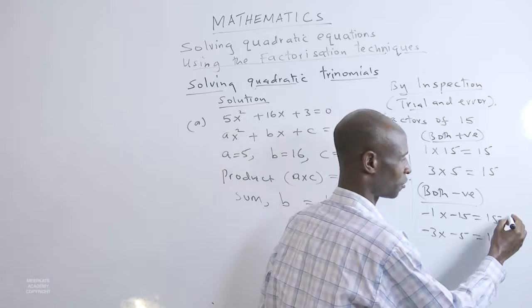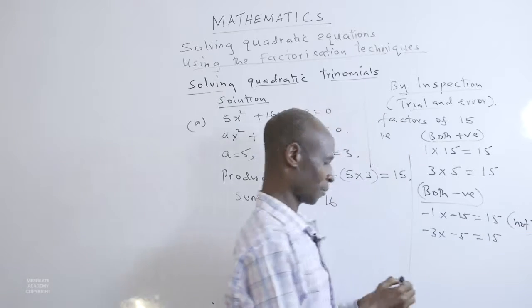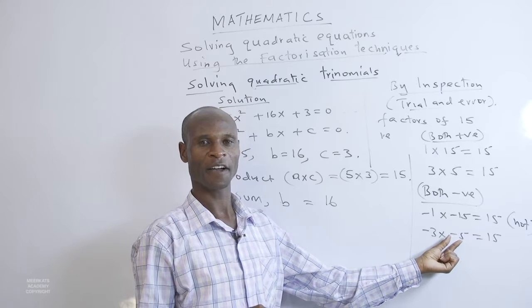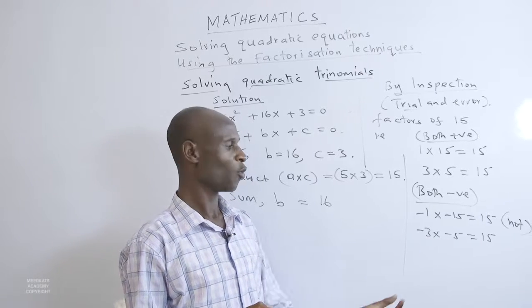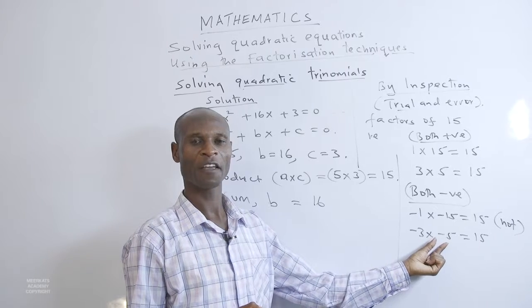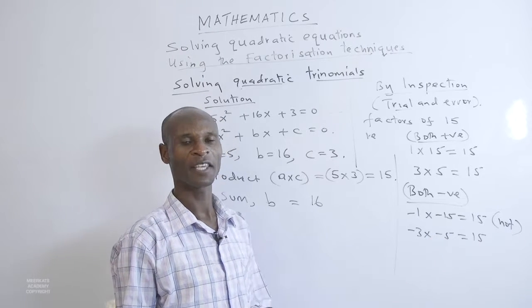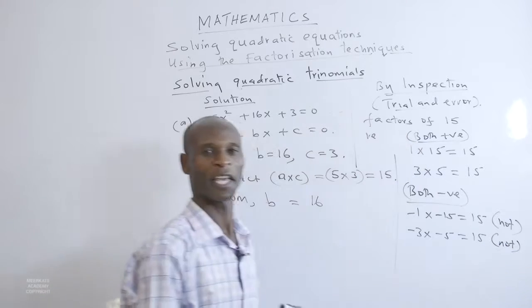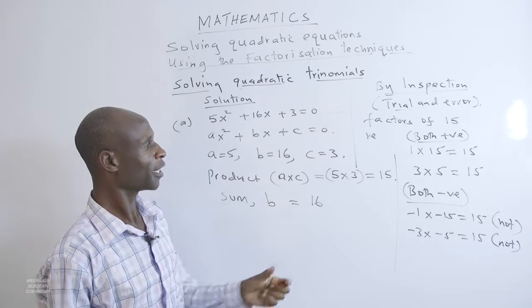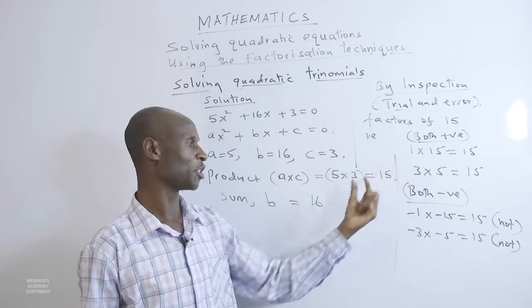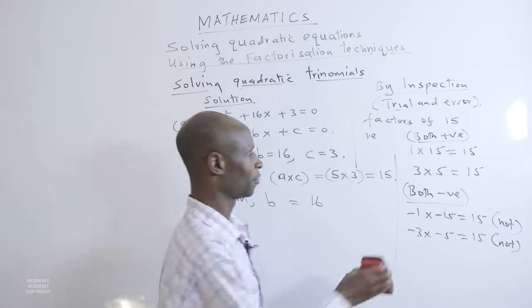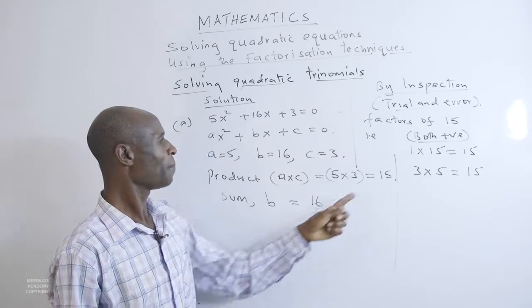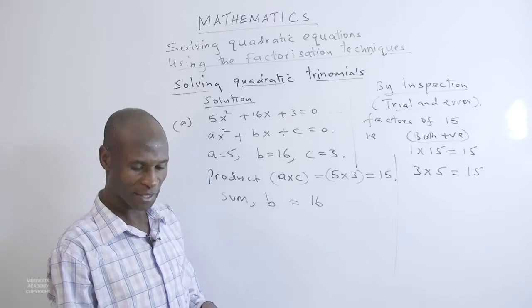So this one is not. The other one, negative 3 and negative 5, is not, because when you add negative 3 and negative 5, the result is negative 8. So again, not. Let us confirm the both positive case. So that one we don't consider. When they both are positive, let us see the sum.